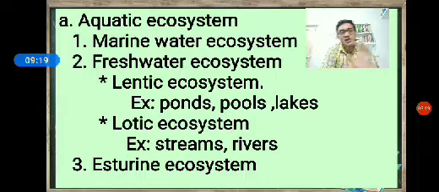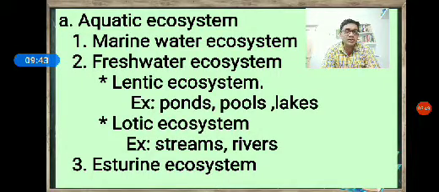Examples: ponds, pools, lakes. Second, the lotic ecosystem is where the water is running, flowing water.